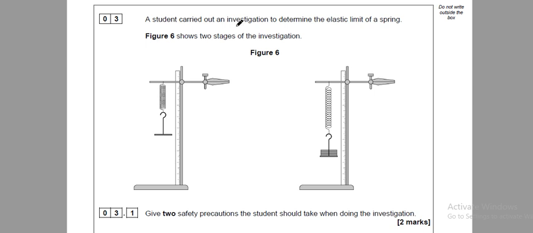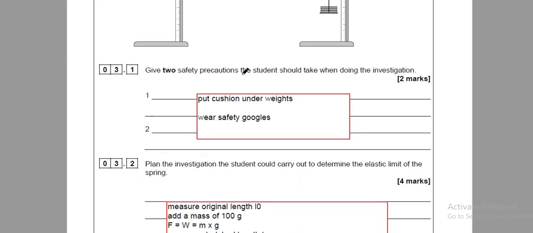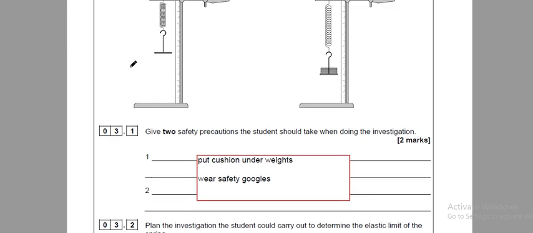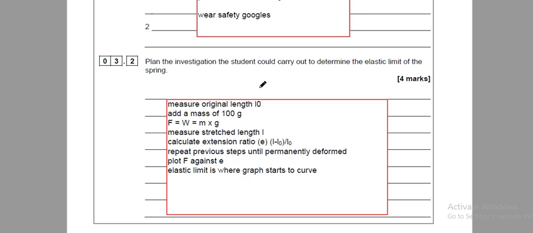A student carried out an investigation to determine the elastic limit of a spring. Give two safety precautions: put a cushion under the weights, wear safety goggles. Plan an investigation the student could carry out to determine the elastic limit of the spring.